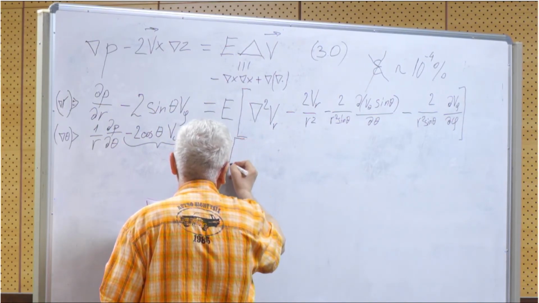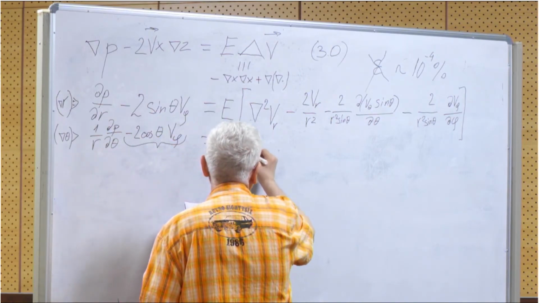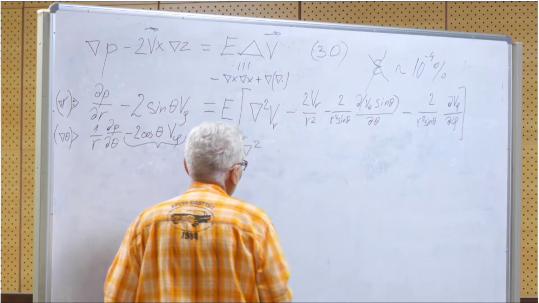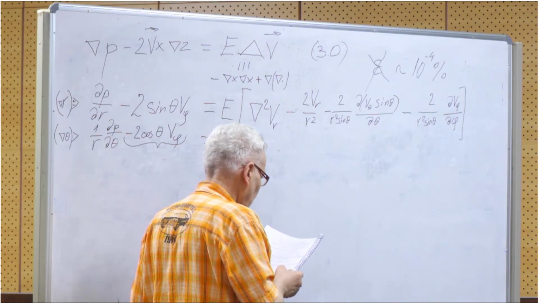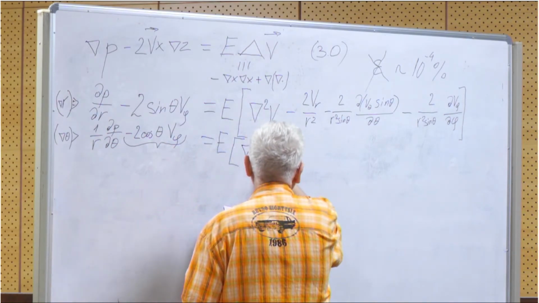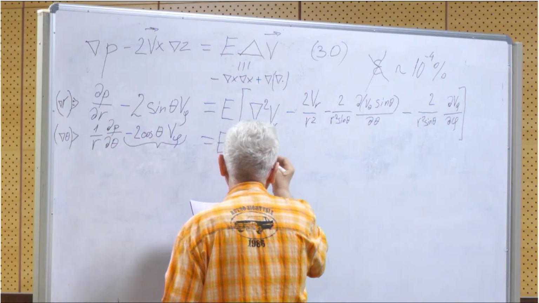But hopefully the rest is correct. So again, we have the scalar nabla operator, or the nabla squared, and it again includes, first of all, the theta component, of course.